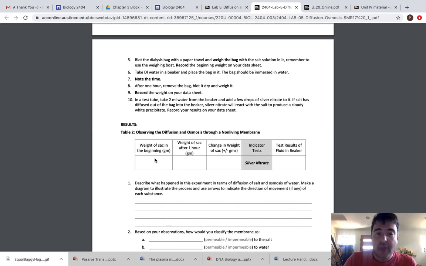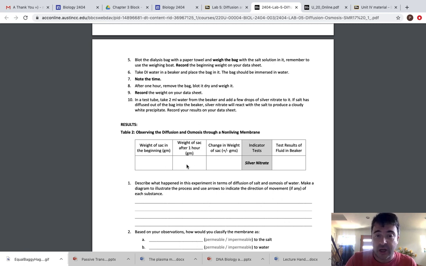But I'm going to get the weight of my artificial cell initially. Then I'm going to get the weight of my artificial cell after it soaks for 1 hour. I'm going to get my delta change in weight, and remember we're taking weight in grams, so you're going to see that, and we're going to see the change.